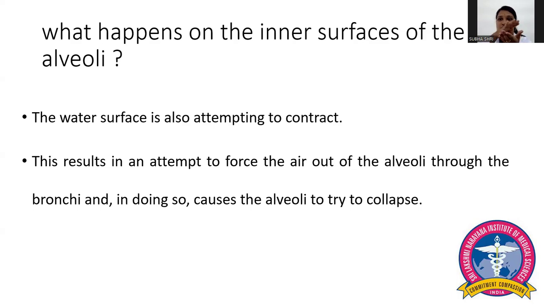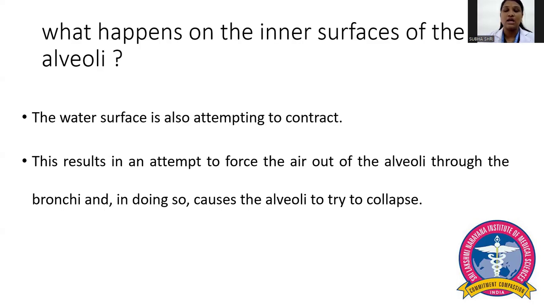So this is the alveoli and we have a thin layer of water here and air is coming in. Okay. Because of surface tension, the water molecules in the alveoli will try to come closer. So whenever water molecules are trying to come closer, the alveoli will try to collapse. Right? So is that happening in our lungs?